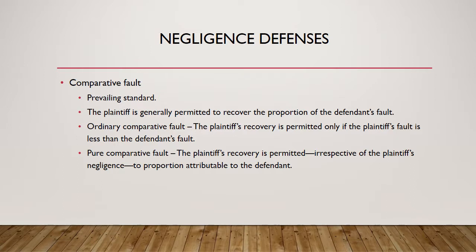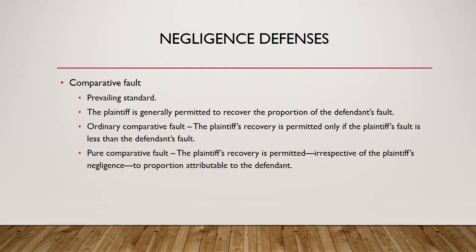So if the jury said that it's 60% to the defendant and they awarded $100,000, then the plaintiff would be entitled to $60,000. So whatever the plaintiff's fault is works as an offset against any recovery. So it reduces the amount of damages that the plaintiff would ultimately receive.